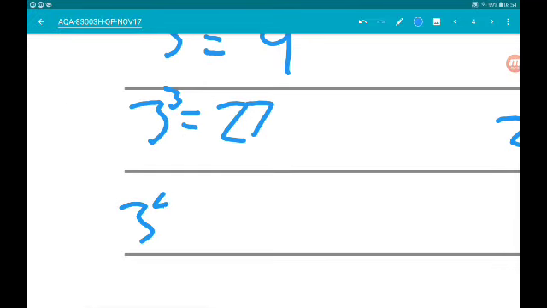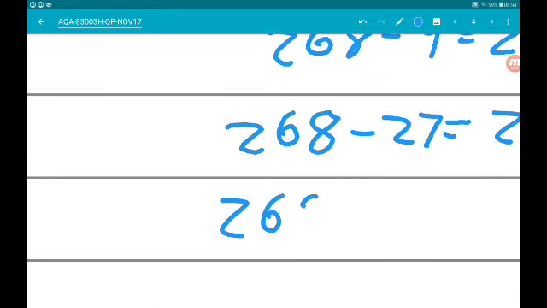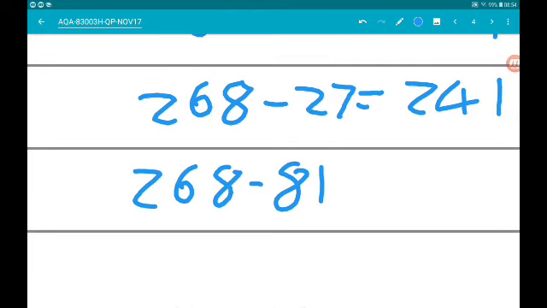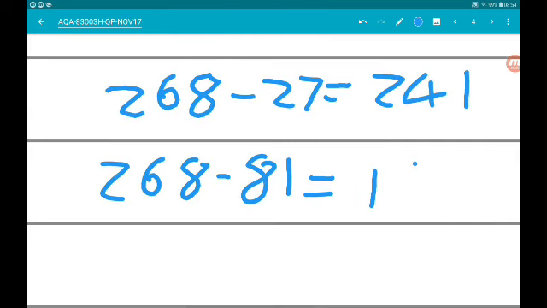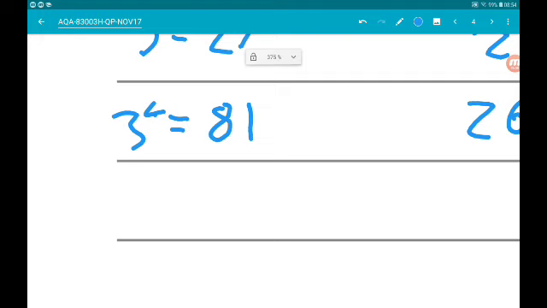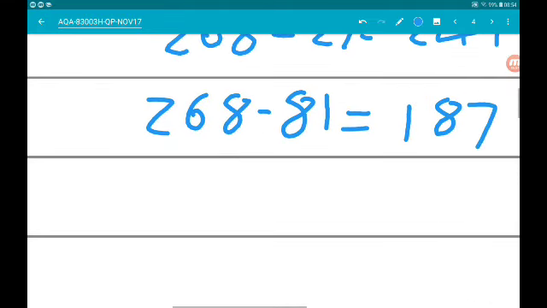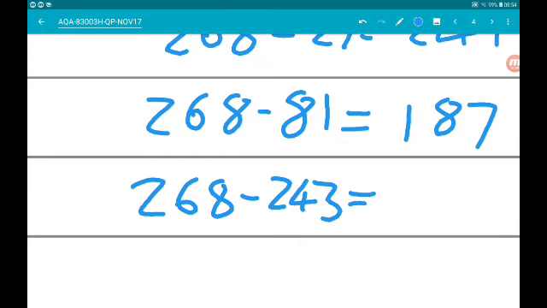3 to the power 4 is 81. 268 minus 81 is going to be 187, which is not a square number. 3 to the power 5 is 243. 268 minus 243 gives us 25, which is a square number.